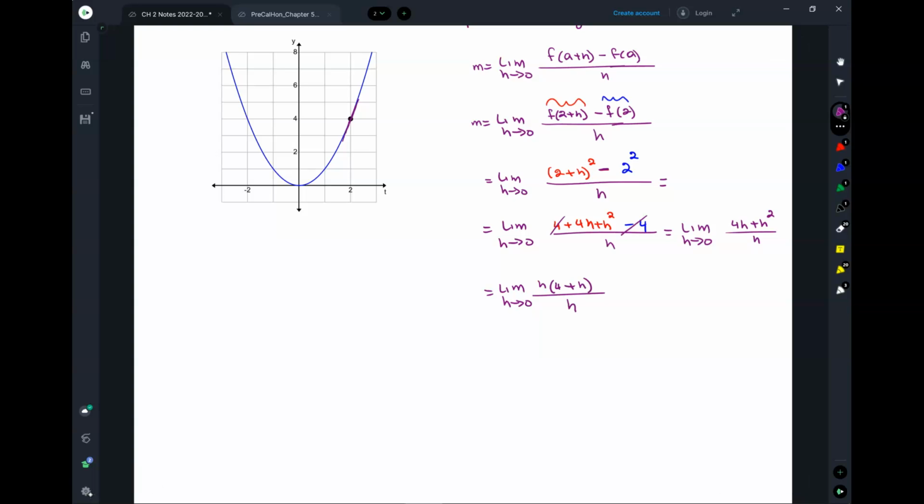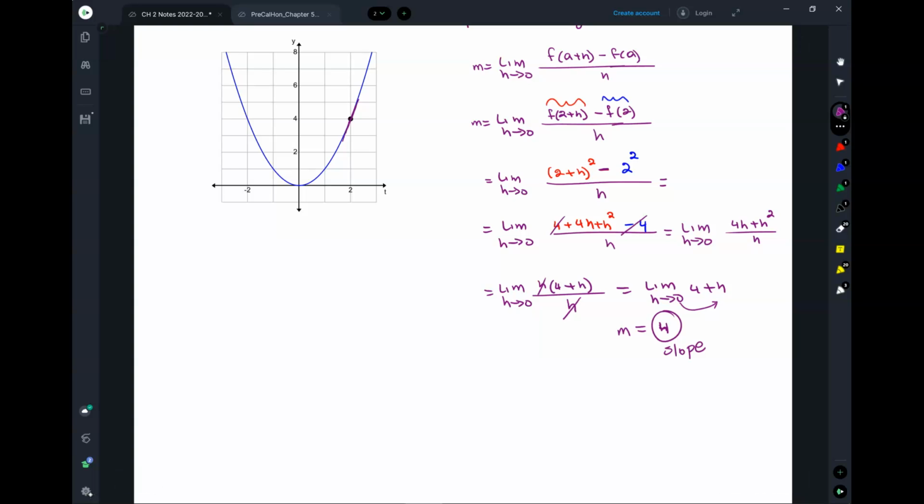What happens when I plug in 0 for h now? I get 0 over 0, so I can't do that, right? But cross out the h's, and I have limit as h approaches 0, 4 plus h. Now plug in the 0, and this is equal to 4. That's crazy. So this is m equals 4. This is the slope.